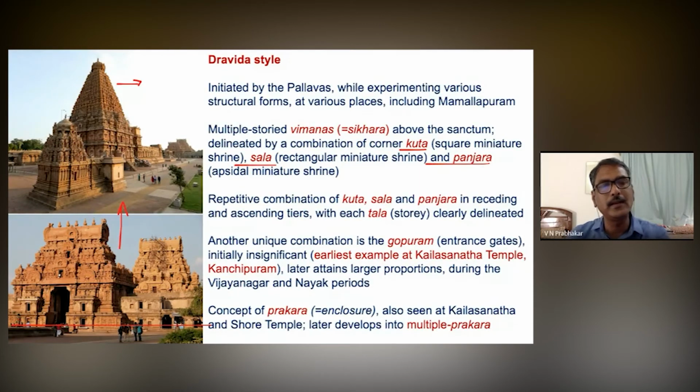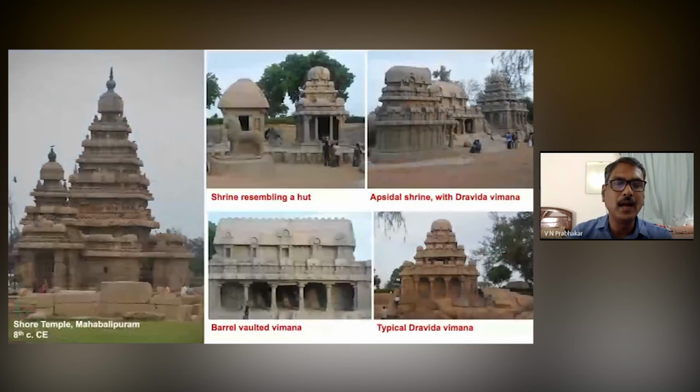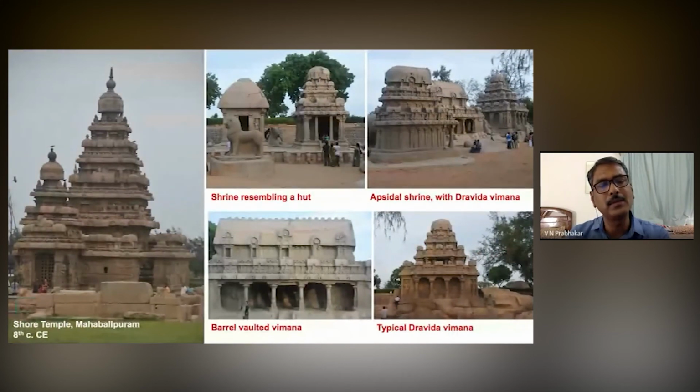So in the later context, during the Vijayanagara and Nayak period, the height of the Shikara or the Vimana of the Sanctum Sanctorum reduces, and the height of the Gopuram increases to even up to 13-story level. That is the maximum permissible level of a Vimana or a Gopuram.